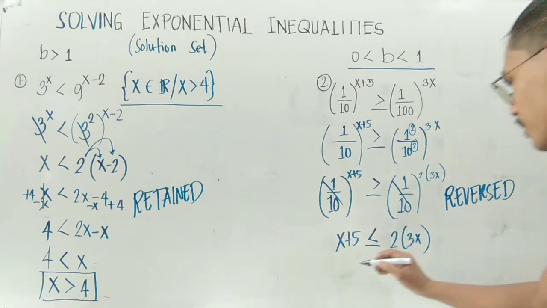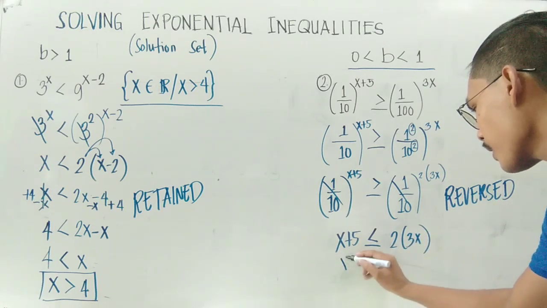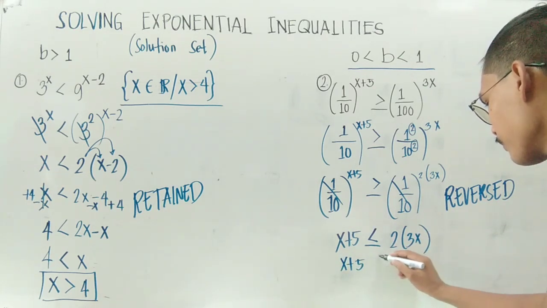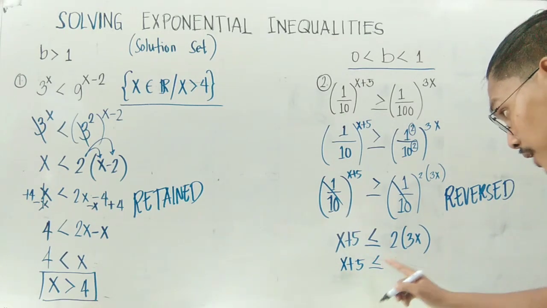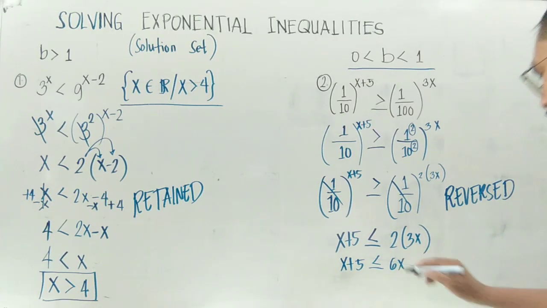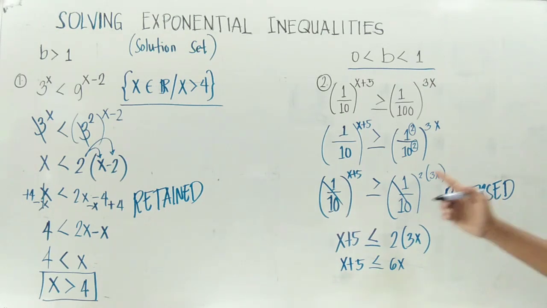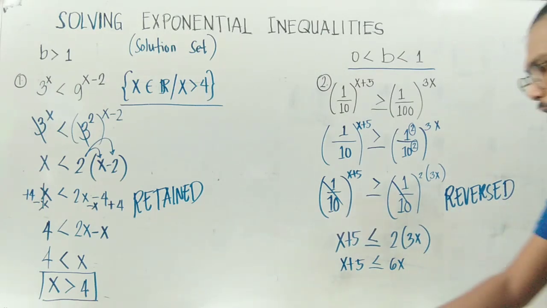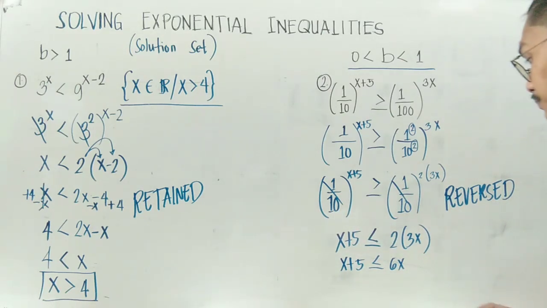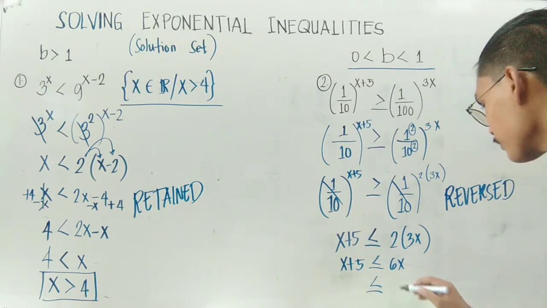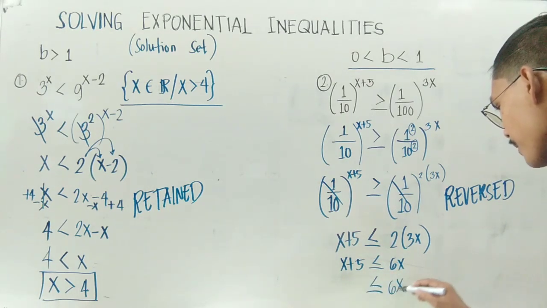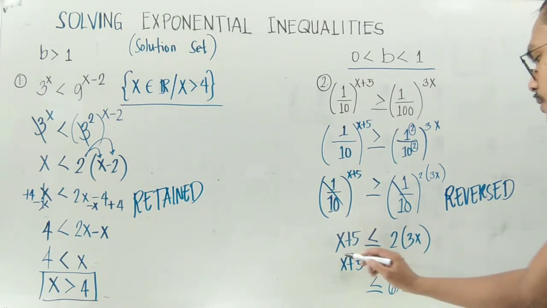Okay, let us continue. So we have x plus 5 is less than or equal to 6x. So again, that inequality symbol is reversed. Okay, simplifying, we have 6x minus x.